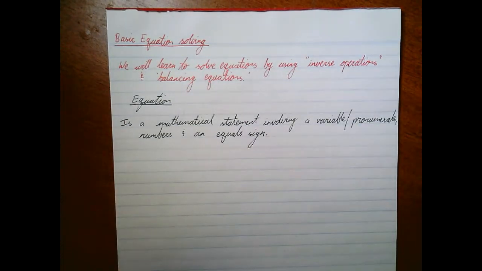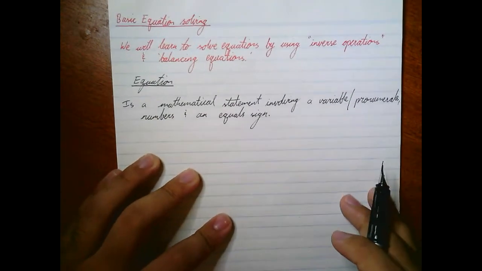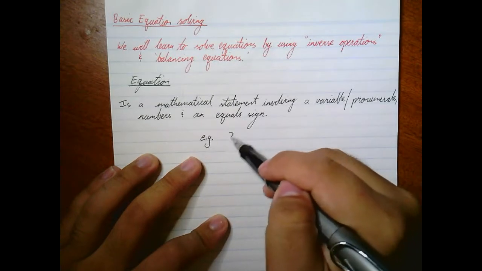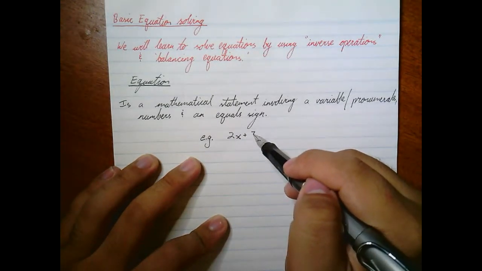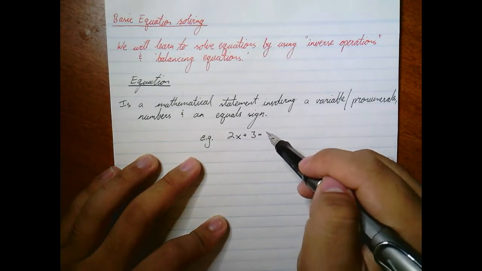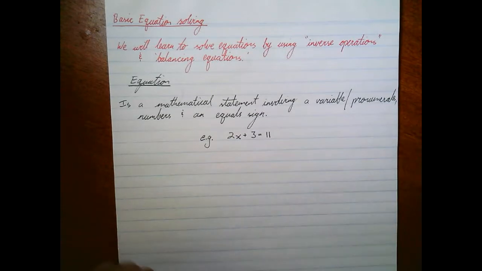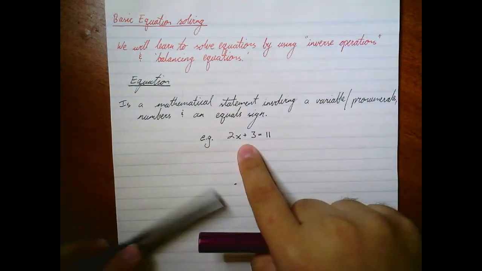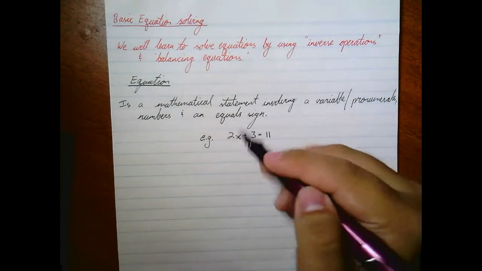So just for example, here's a simple example of an equation. So we have 2x plus 3 equals 11. In this example, the pronumeral, remember, represents a number, and in this case, this is a number that we do not know.